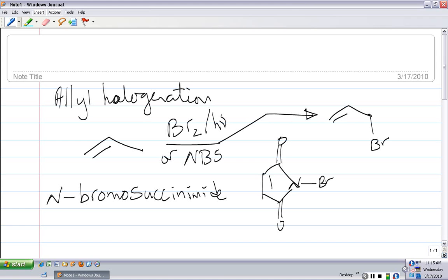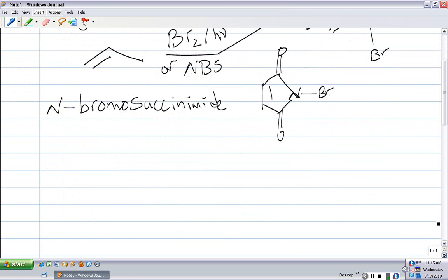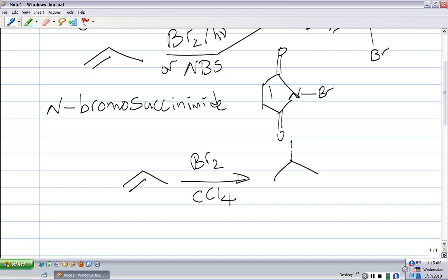Now I could carry out the reaction with an excess of bromine and get the dibromo and the tribromo species, but I could limit it to making the monobromo species. What's important in this reaction is to recognize the specificities, because it means if I take propene and I treat propene with bromine in, say, carbon tet or methylene chloride, what I would get would be the 1,2-dibromopropane.